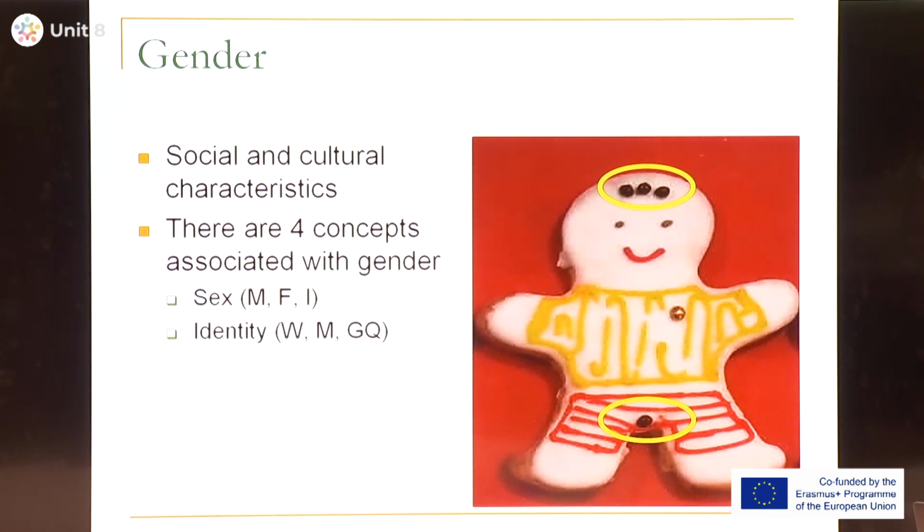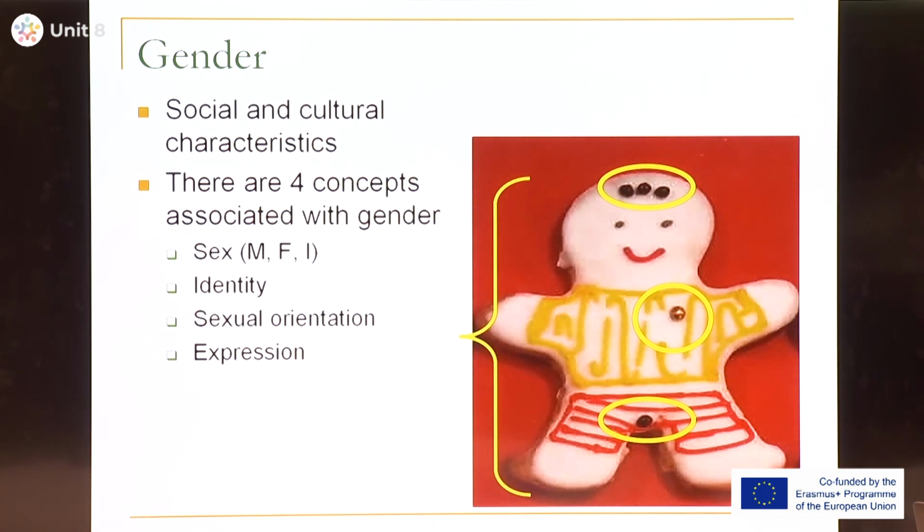Identity is related to what people think in their mind about themselves, being a woman, man, or genderqueer. Sexual orientation is about who your attraction is towards, and expression is about how you express yourself.